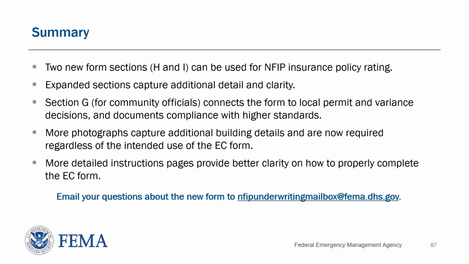Community officials can now use it to connect the permit process or the variance decisions and the compliance determinations with higher standards. It's now required for CRS communities. Additional photographs are required to capture building details regardless of the intended use of the form. And finally, updated and detailed instruction pages help clarify how to properly complete the form.